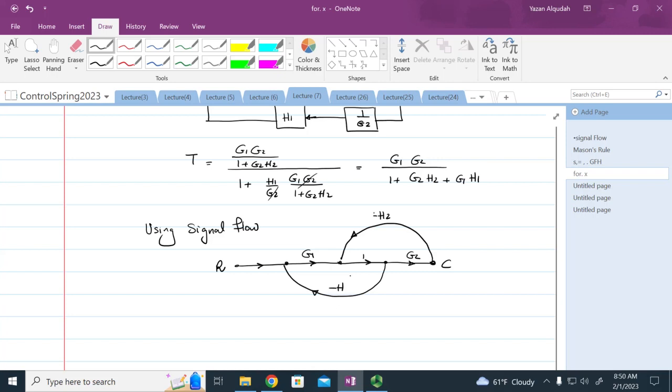I could have removed this one here, and I could have just done it like this, with negative H1, without the 1. To emphasize that there is an overlap, I put this one here.